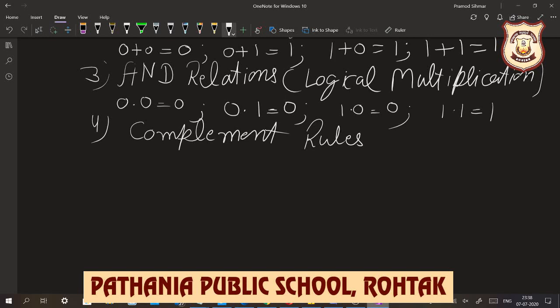In the complement rules, the complement of zero is equal to 1, and the complement of one you can write in this way or in this way; both are the same thing. The complement of one is always 0. So these are the four basic postulates of Boolean logic.